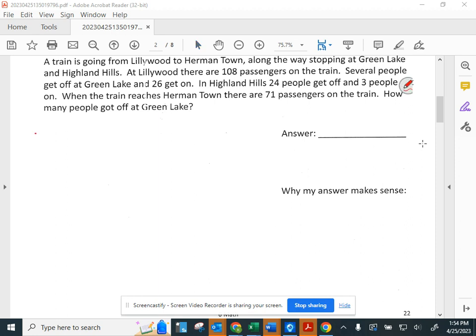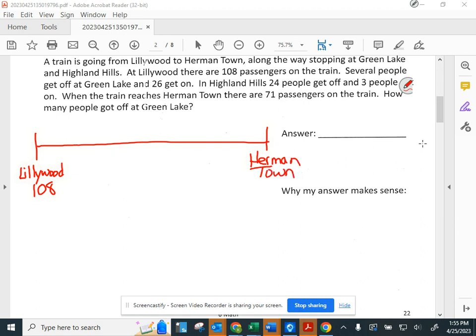So we're going to start at Lilywood. There were 108 passengers. And we're going to end at Hermantown. And there were 71 passengers left on the train at Hermantown. Along the way, we stop at Green Lake.